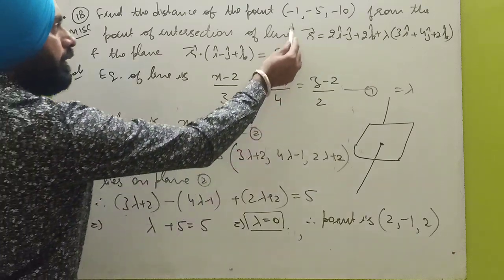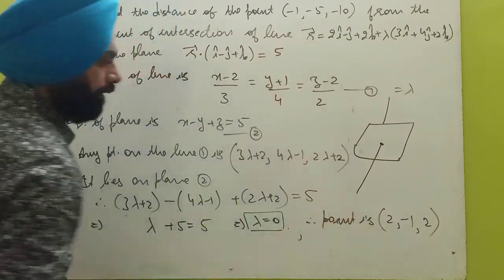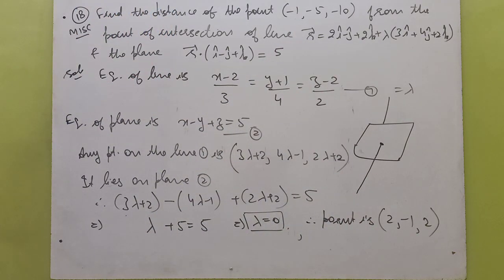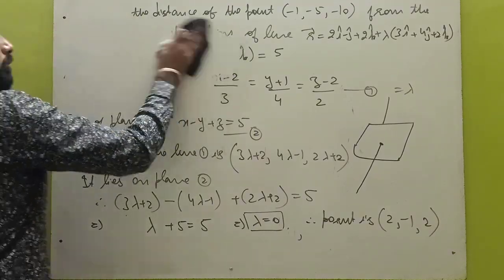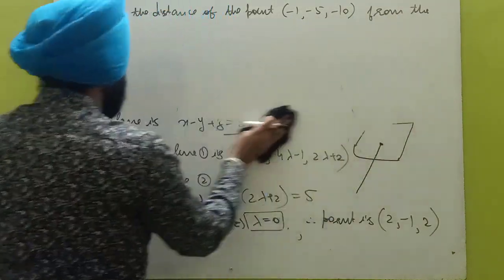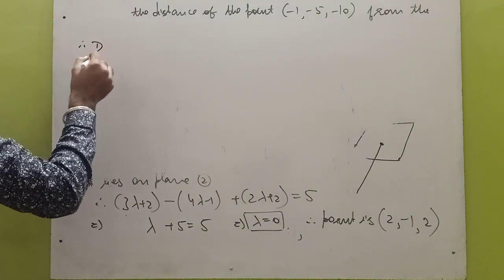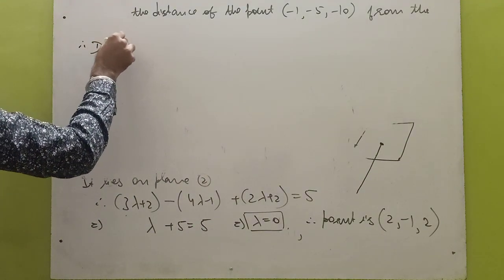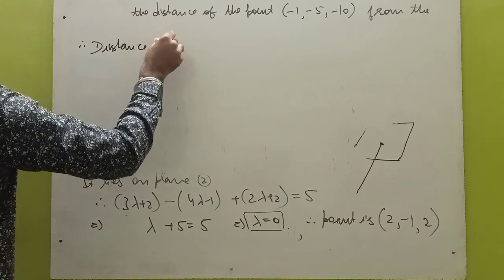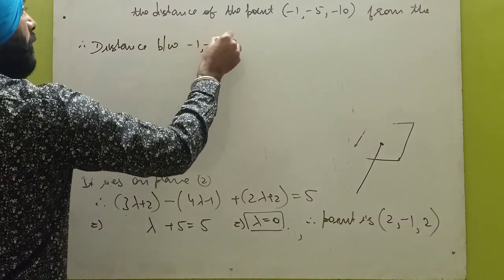Now we have to find the distance between this point and the point (minus 1, minus 5, minus 10).